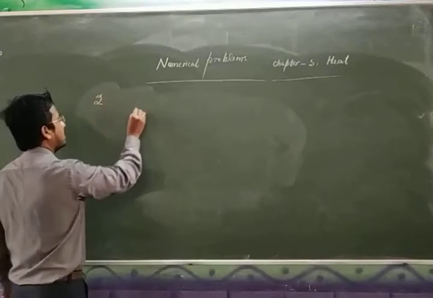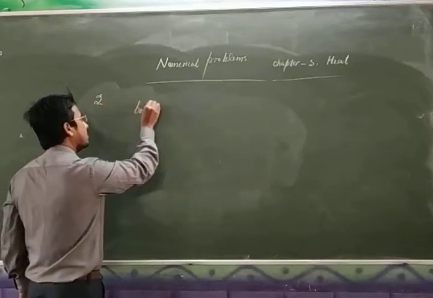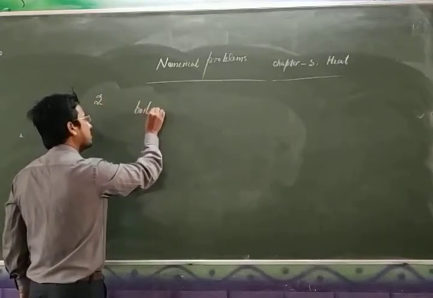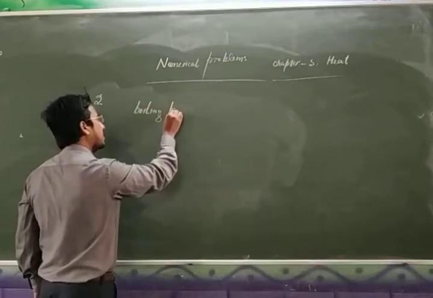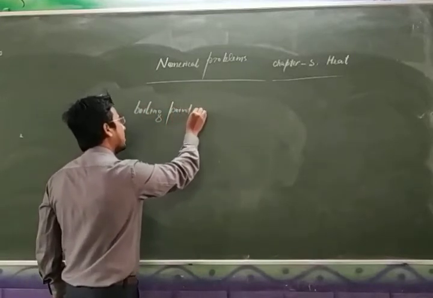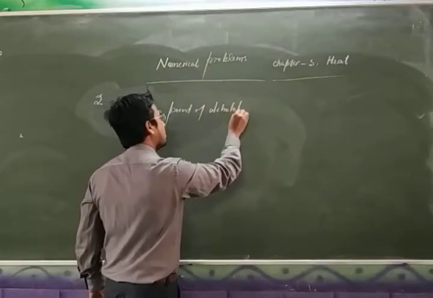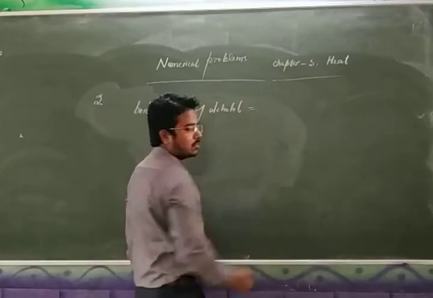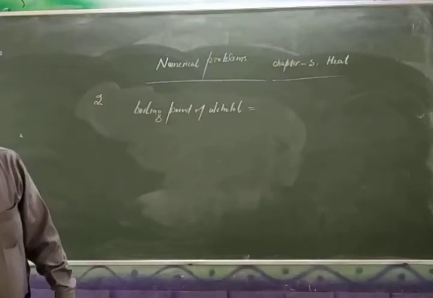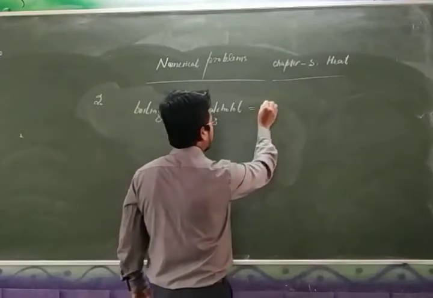Second is: boiling point of alcohol is equal to 78 degrees Celsius.